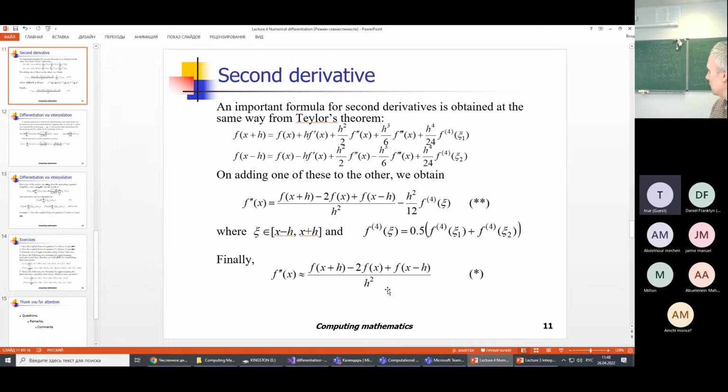But well, this is also a very important feature. No x's here, just constants. f2, f1, f0, h. So the second derivative of P2 of x equals a constant.